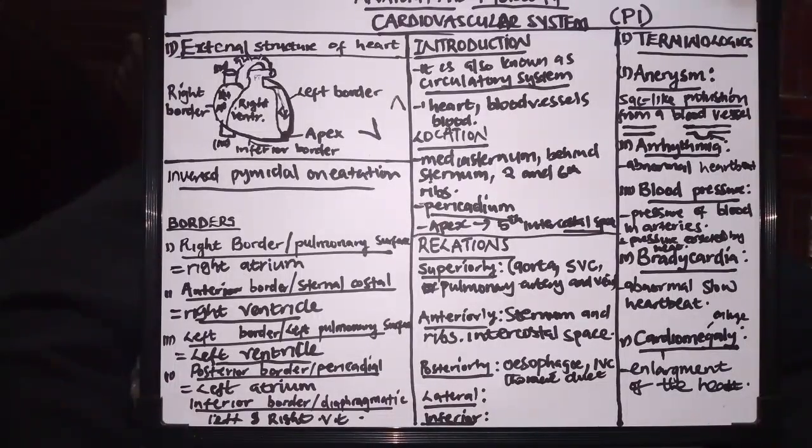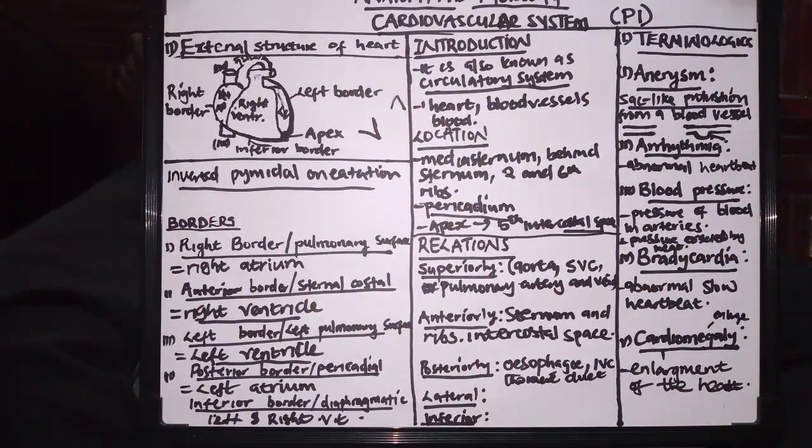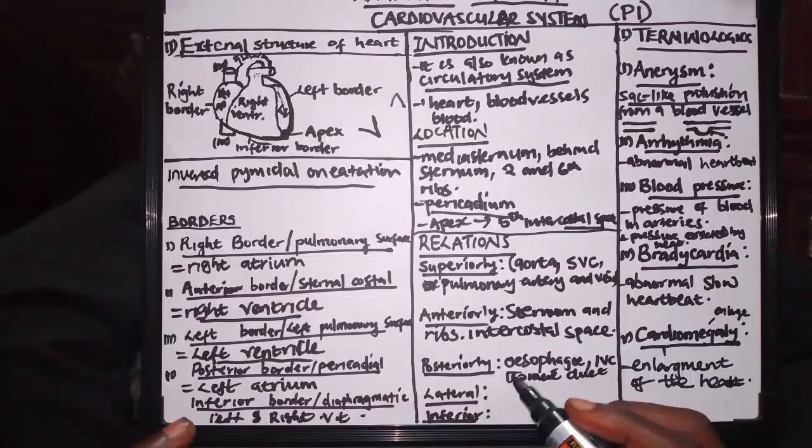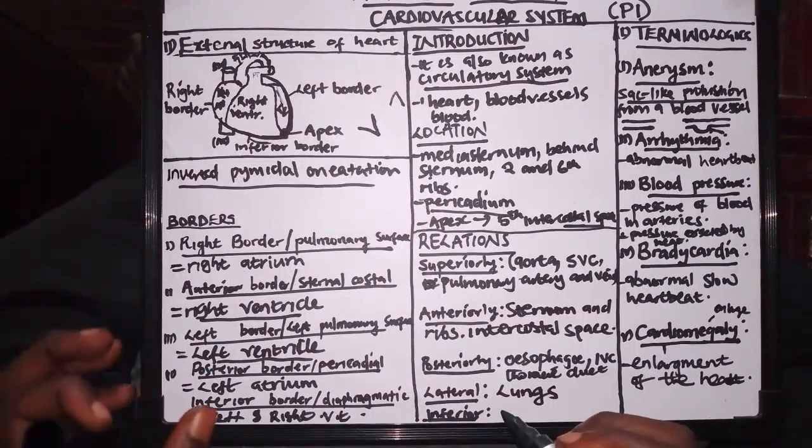Then laterally, I told you the left and right borders are formed by the lungs. So laterally we have lungs. Then inferiorly we have the diaphragm.